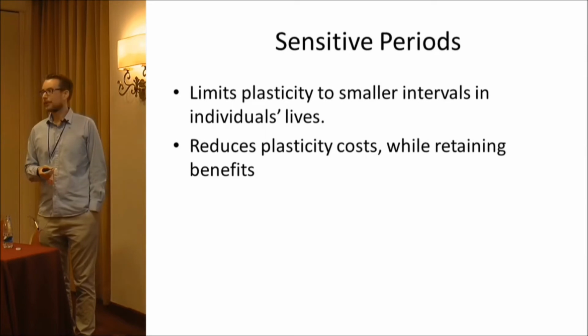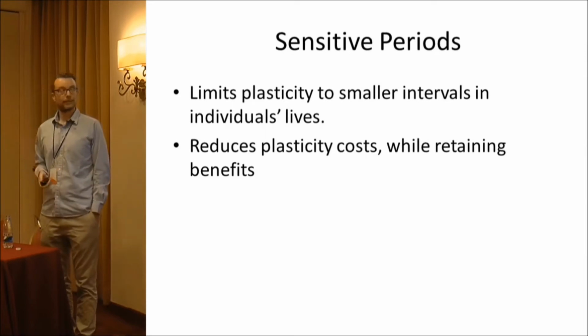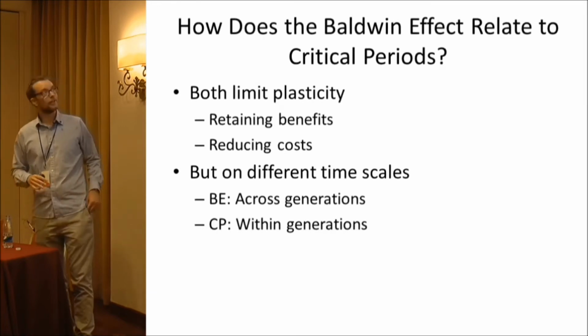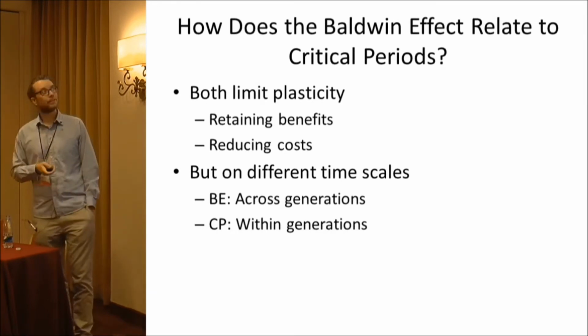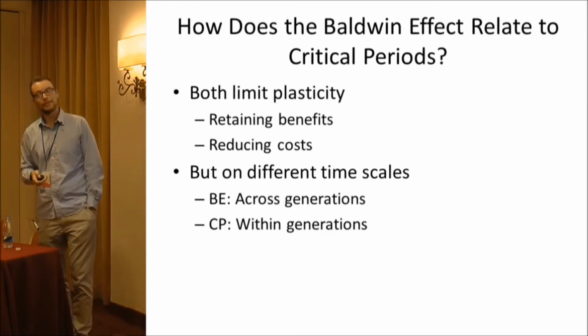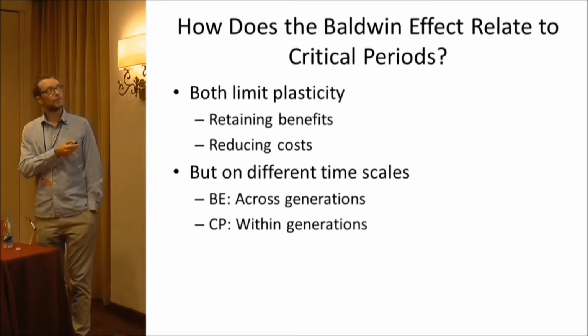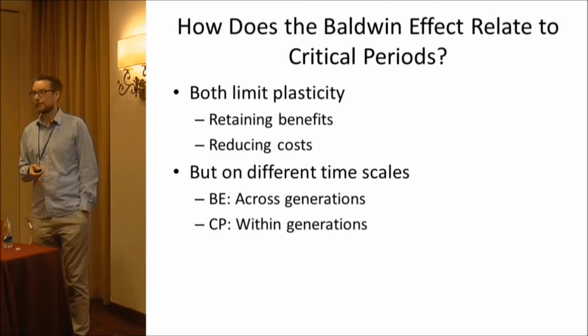And so my question then was, how does this relate to this Baldwin effect? If we look at the Baldwin effect and sensitive periods, or they're also sometimes called critical periods, we see that they have some common traits. They both limit the plasticity of individuals.